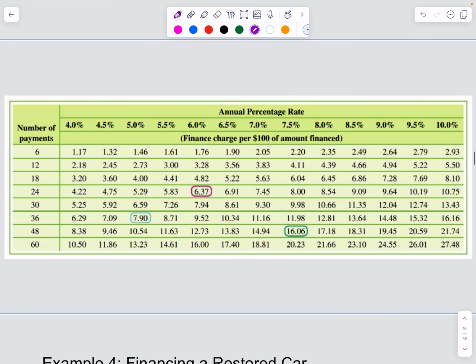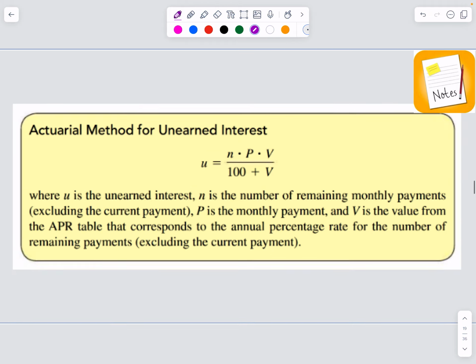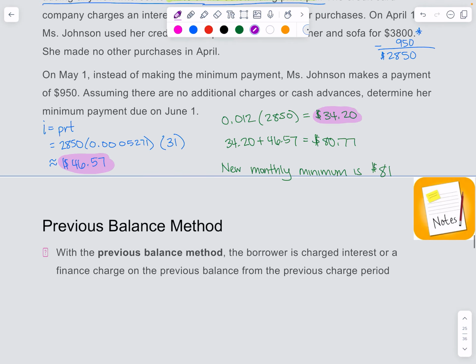Here we go. We have 6 payments and the APR was 6%. So that tells us the finance charge is going to be $1.76.